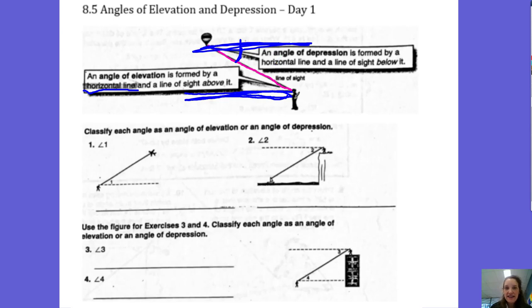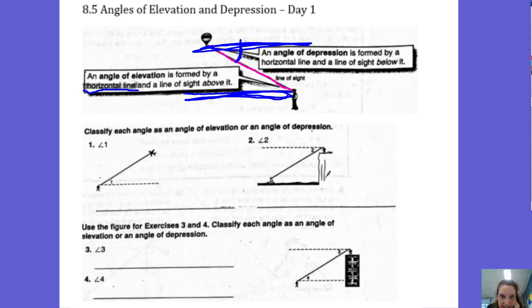So when you're looking down at something, that's an angle of depression. If you're looking above, it's an angle of elevation. There are two important components to creating an angle of elevation or depression: the line of sight and the horizontal line. You must have a horizontal line in order for this to be an angle of elevation or depression.